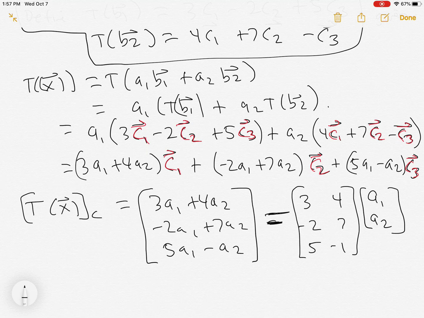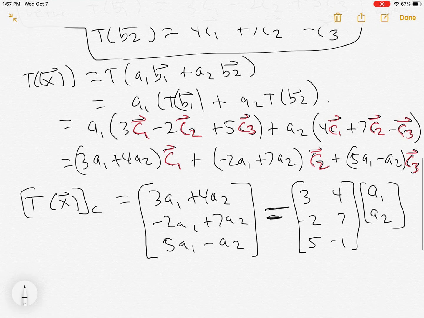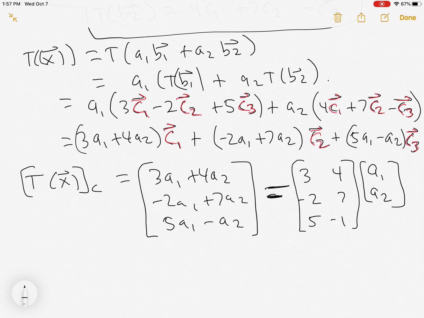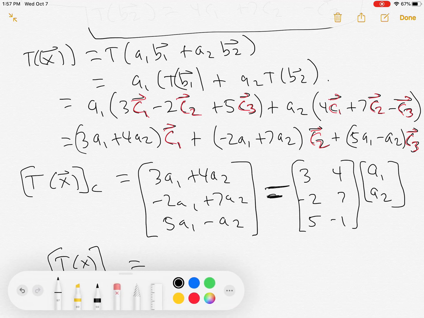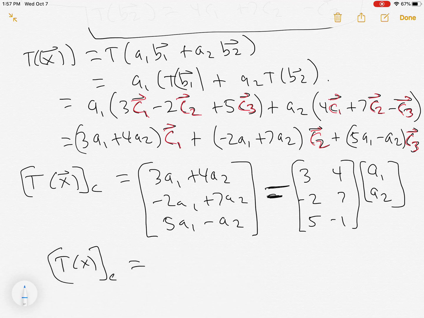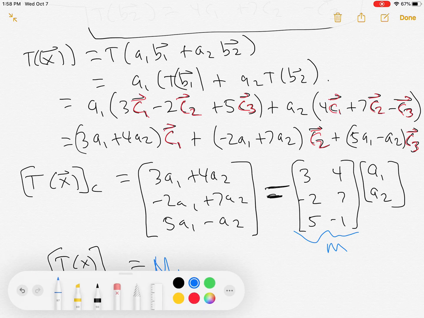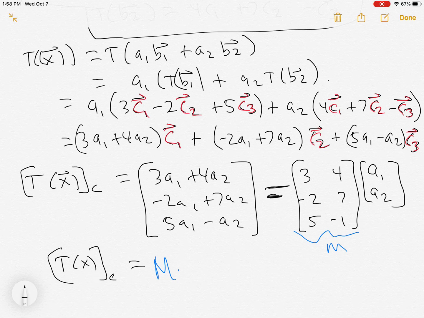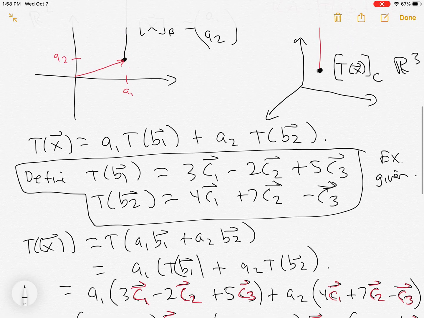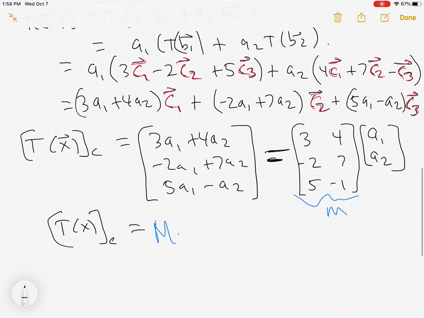So the conclusion is that the coordinate vector of T of x with respect to C is this matrix, I'll use blue, which I'll call M, times a1, a2, which we defined above to be x sub B, the coordinate vector.